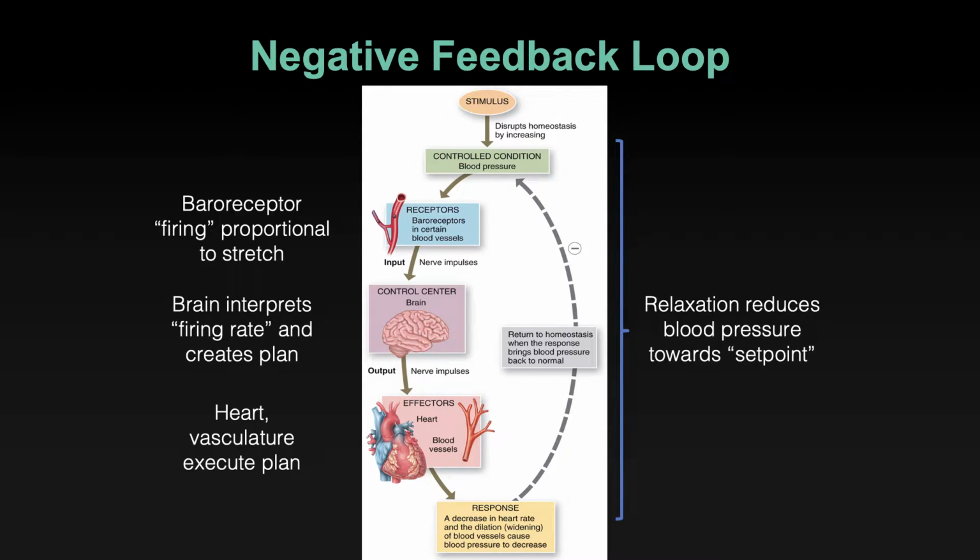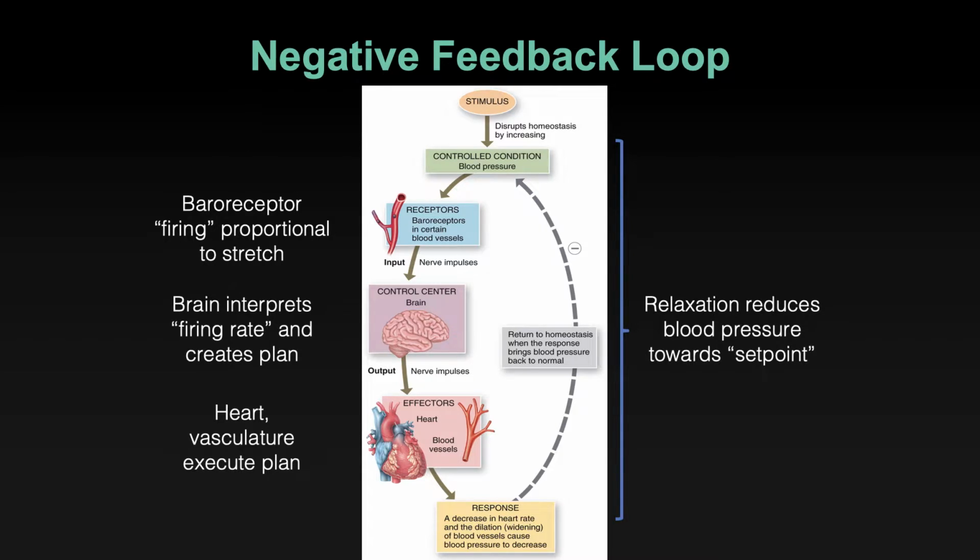I don't have to do anything else. We're good for now. Or maybe it didn't work well enough. It only brought it down a little bit and more action is required. The point is, this feedback loop operates continuously until the error is resolved, until the stimulus or the signal is brought within normal ranges.